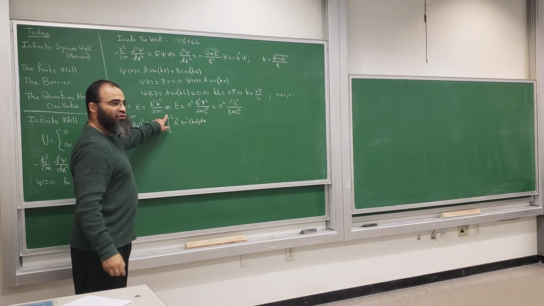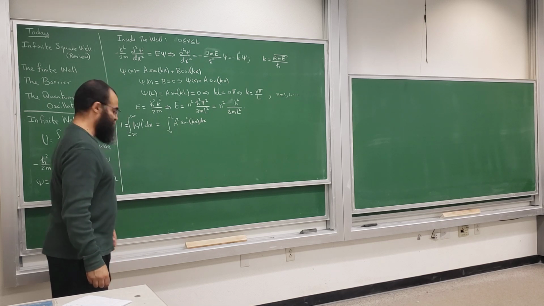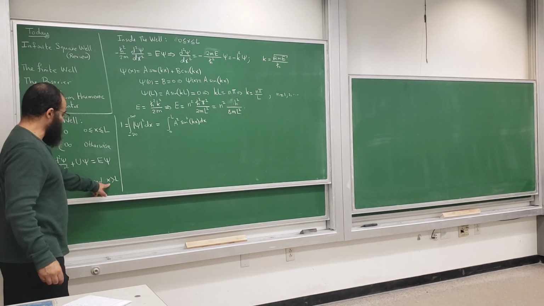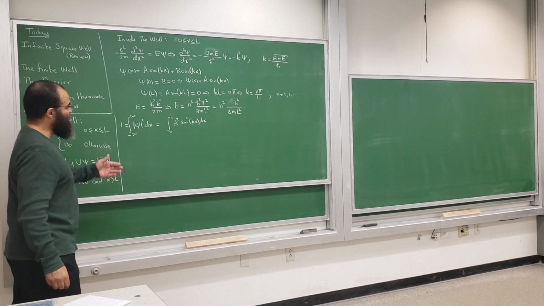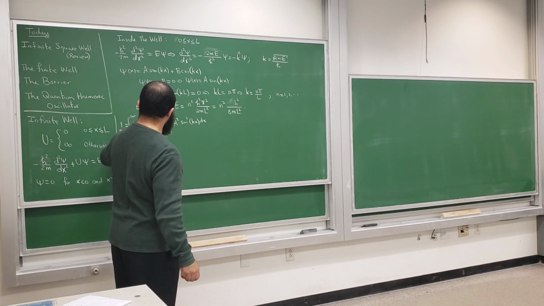The reason from 0 to L is, what is the wave function when x is less than 0? It's 0. What's the wave function when x is greater than L? It's again 0. So the only interval that really matters is from 0 to L, equals 1.